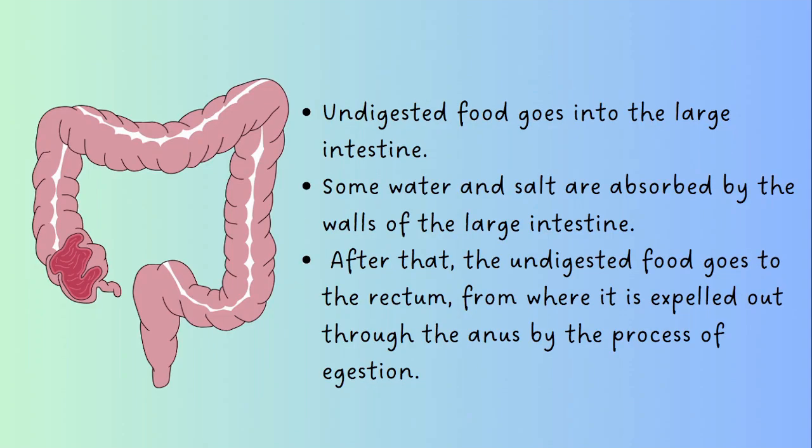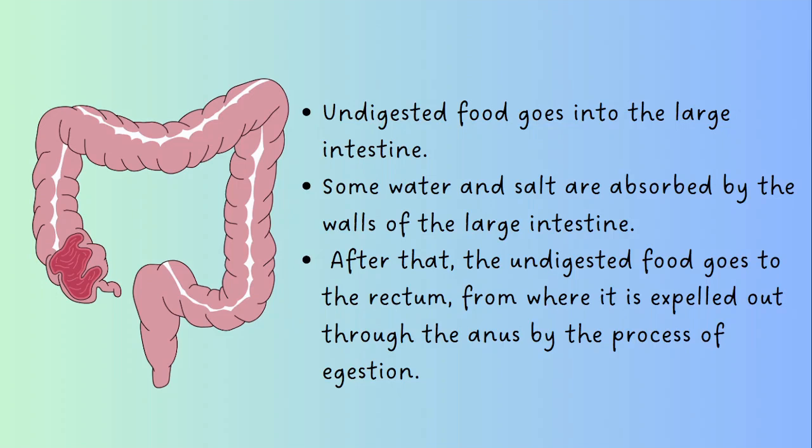So then what happens? The complete digestion of food and absorption occur in the small intestine, then the undigested food goes into the large intestine. After that, the remaining water and mineral salts are absorbed by the walls of the large intestine.